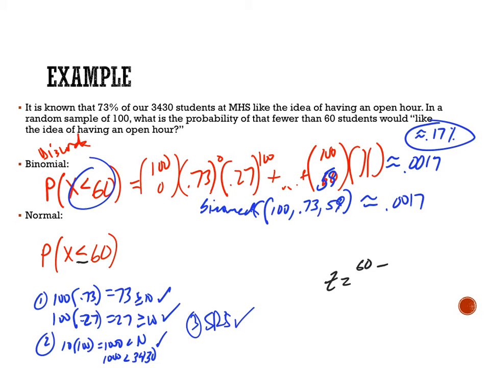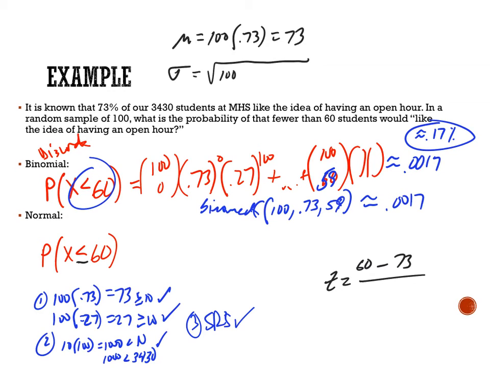Okay, now the mean. Well, the mean for a binomial is n times p, which in this case is 100 times 0.73. So the mean is 73. The standard deviation, if you recall, is the root of n times p times 1 minus p, or npq you'll see sometimes. So we've got 100 times 0.73 times 0.27. Take the square root of all that, and that's about 4.40.